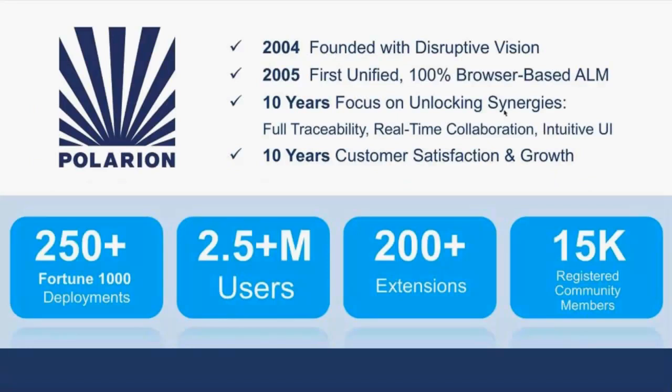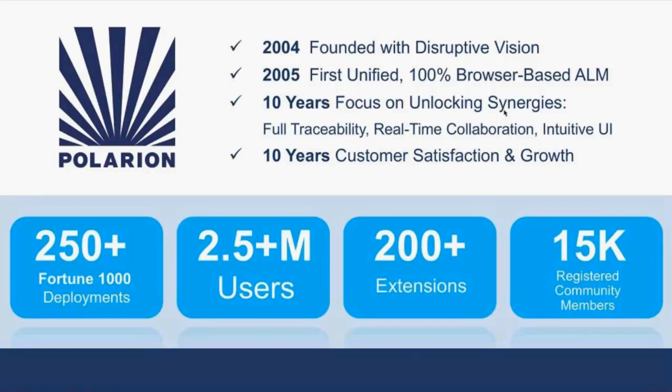For those who do not know Polarion, very briefly: we were founded in 2004 with a quite disruptive vision of a 100% browser-based application lifecycle management, requirements management, and quality assurance solution.